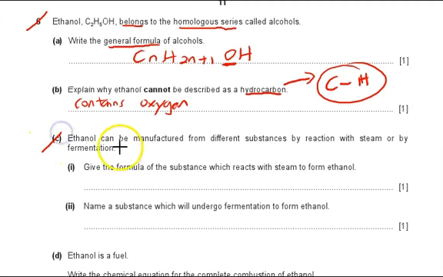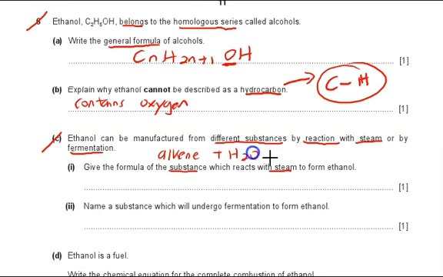So now ethanol can be manufactured from a different substance by reaction with steam or by fermentation process. Give the formula of the substance which reacts with steam to form ethanol. Okay, so here the formula will be alkene plus water, then you will have alcohol.